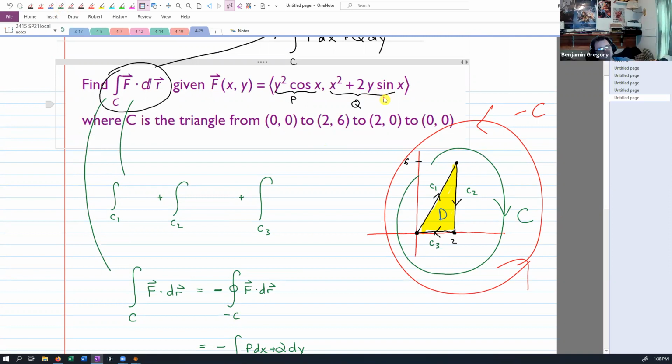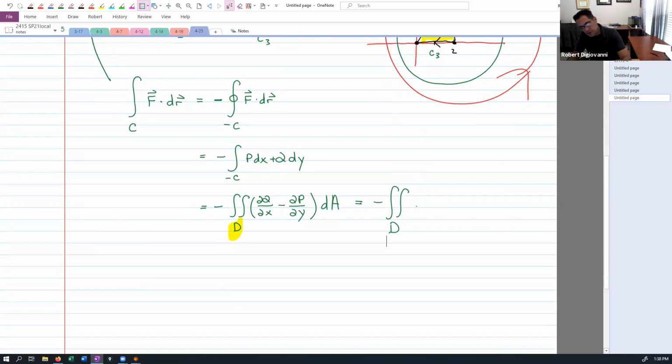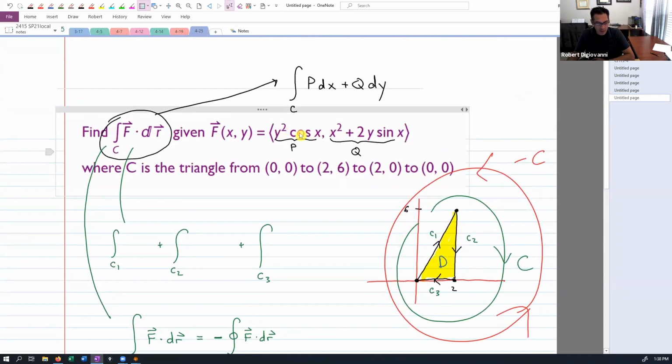2x plus 2y cosine x. Then we subtract from that the partial of p with respect to y. So here's p. Take the derivative with respect to y.